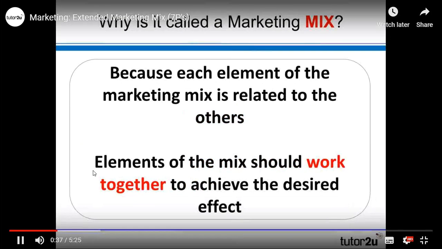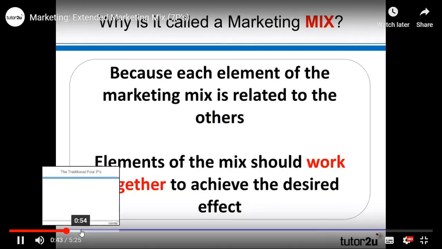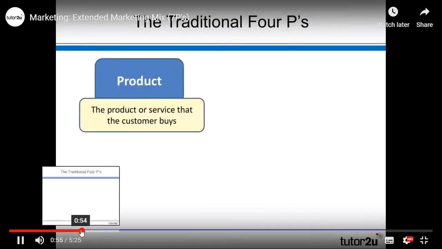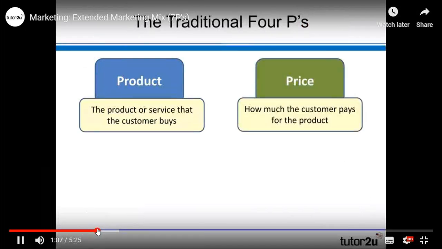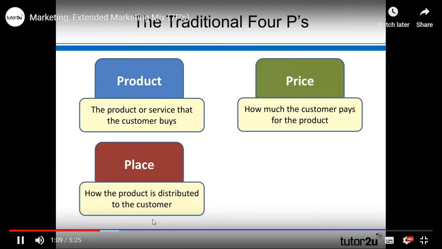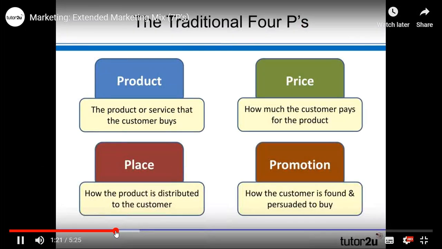It's called the mix because each element works together with each other. Firstly, product: what is the actual service or product? Price, place, and promotion. Those are the traditional 4 P's.